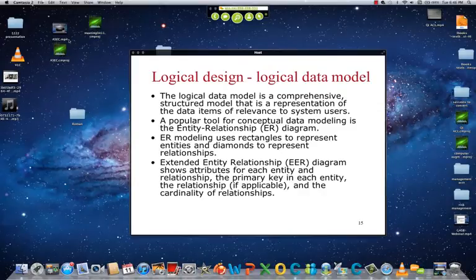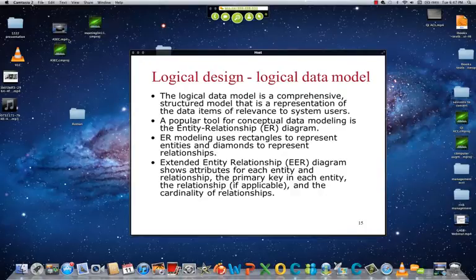So in logical design or logical data modeling, the idea is to choose those subjects, those things of interest to you, and put them in a model. This is why it's called a data model. So you want to model the data that you need. All this relevant information that you need in your business, you have to model in some way or another. And the way we model it, we use the entity-relationship diagram, ER diagram, which was designed by Professor Chen.